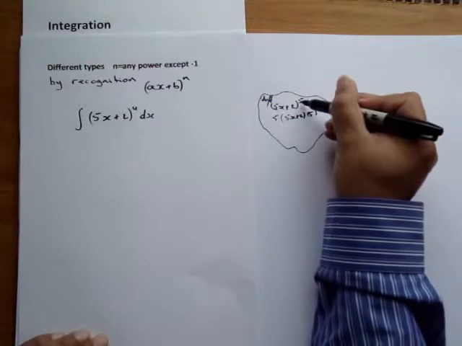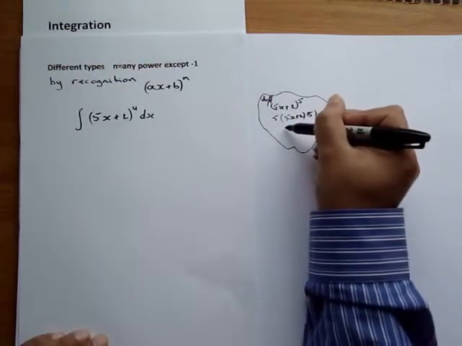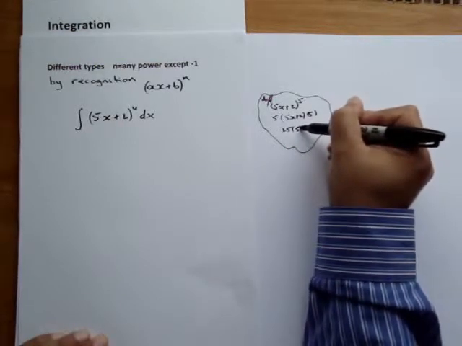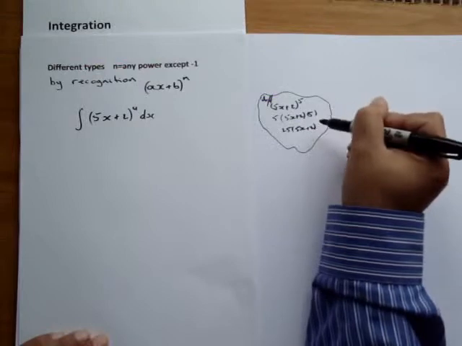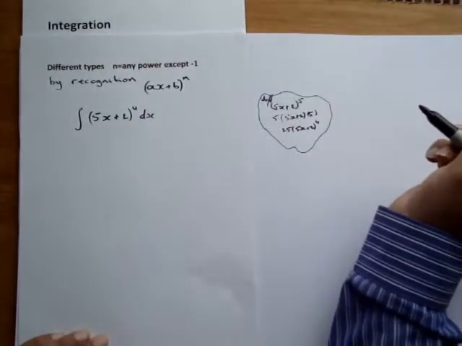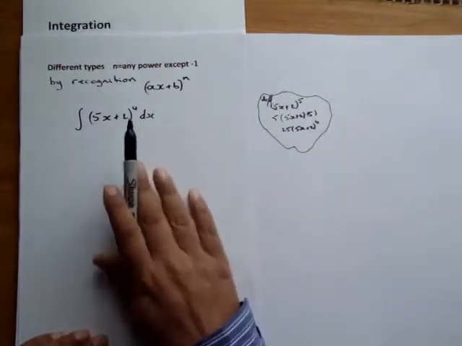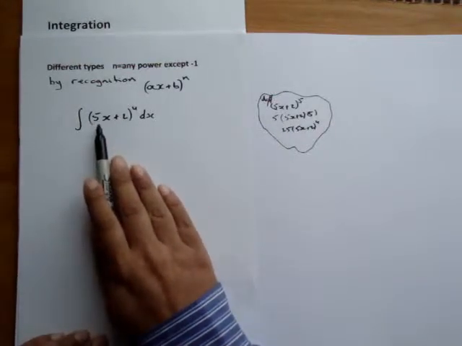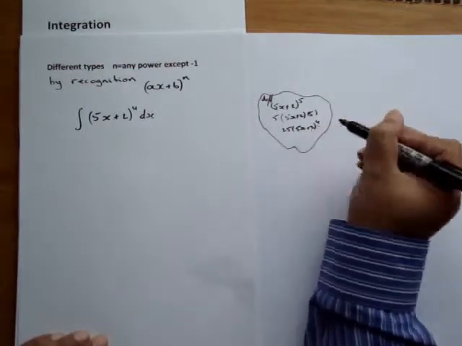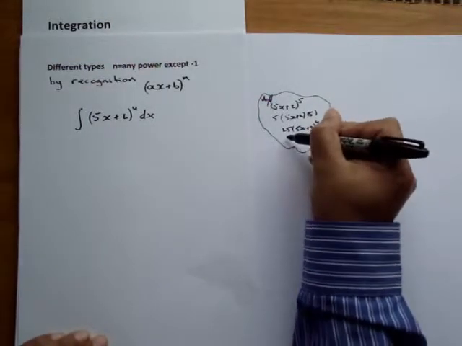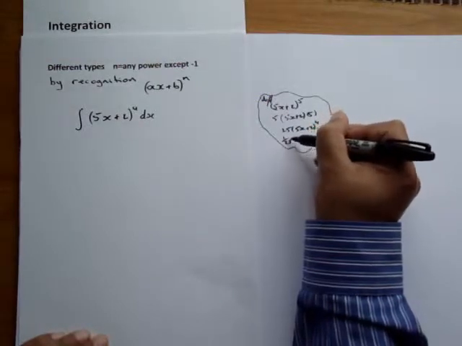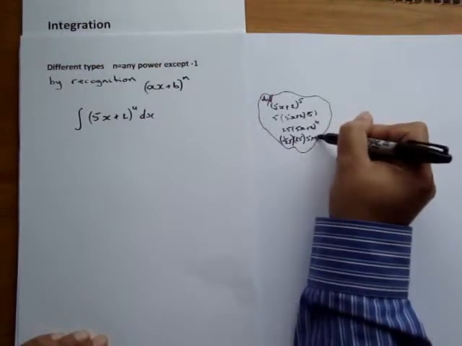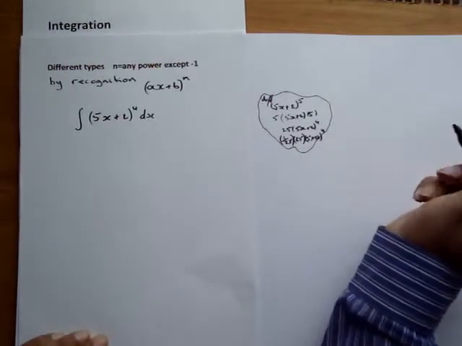So when we differentiate this, we get 25(5x + 2)^4. Now we don't have a 25 in this integrand, so how do we get rid of the 25? We multiply by 1/25 times 25(5x + 2)^4.